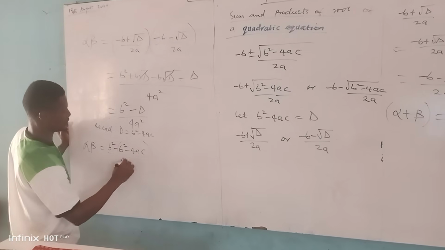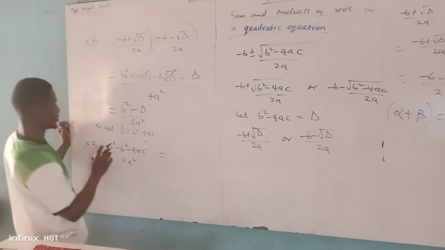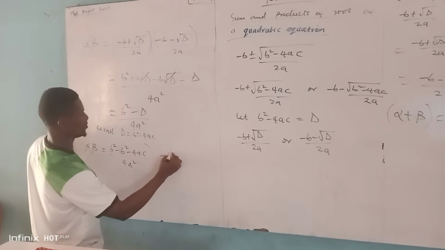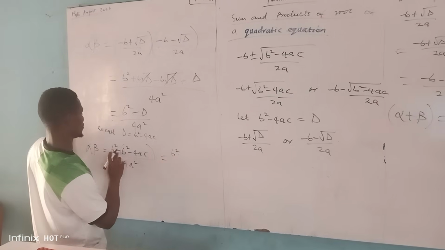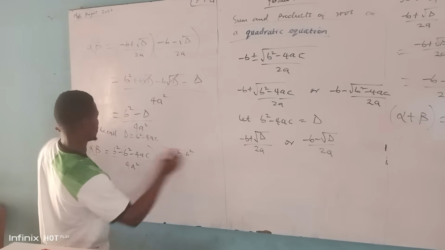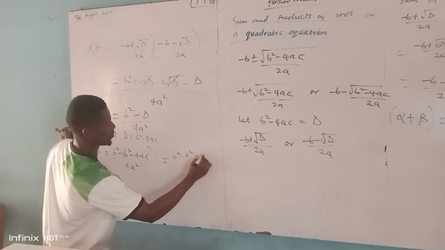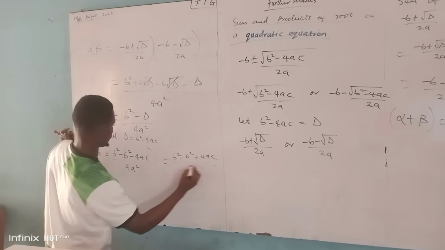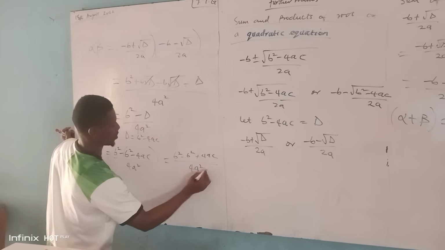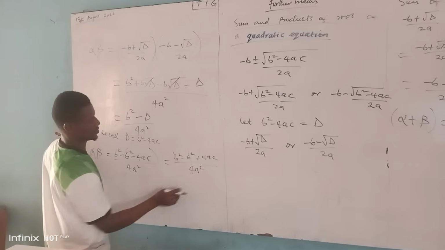So using the minus sign to open the bracket, we already have b squared. Minus times b squared gives minus b squared. Minus times minus 4ac gives plus 4ac, all over 4a squared. So the b squared terms cancel.